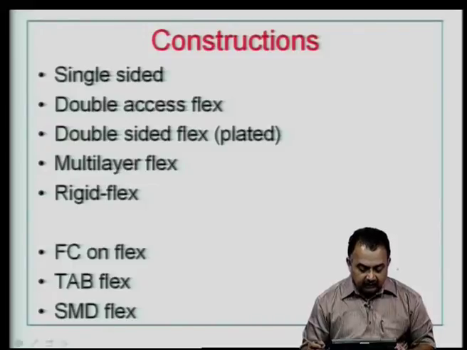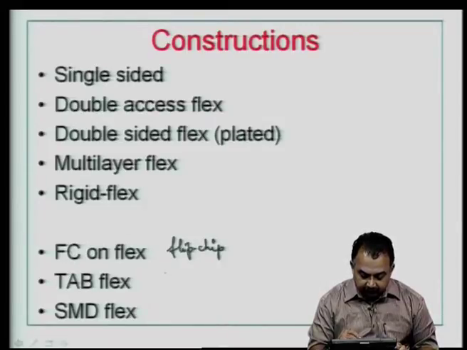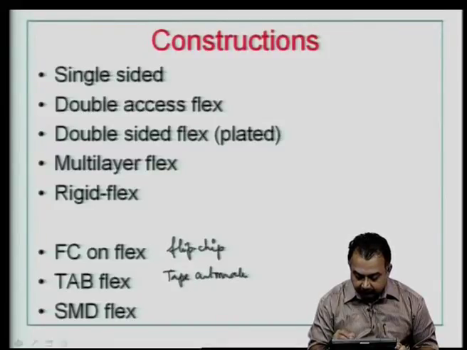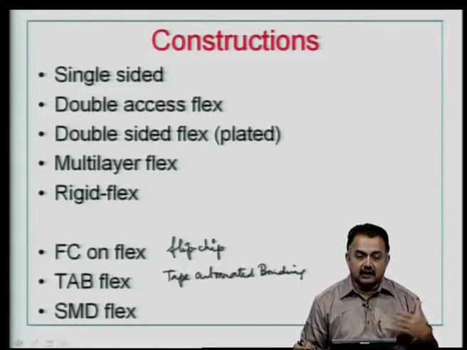So, another classification is that you can have a flip chip on flex, tape automated bonding, that is TAB, or a surface mount device on flex. So, this is another classification.